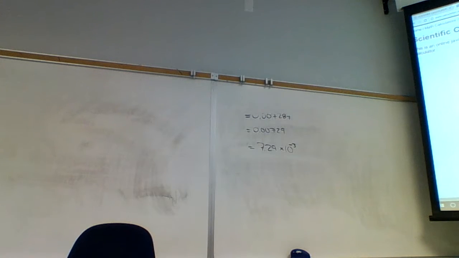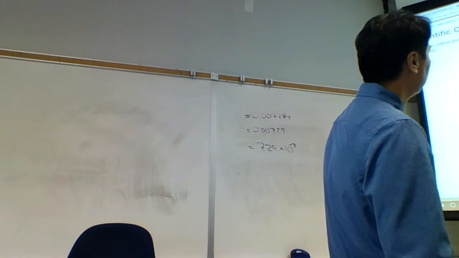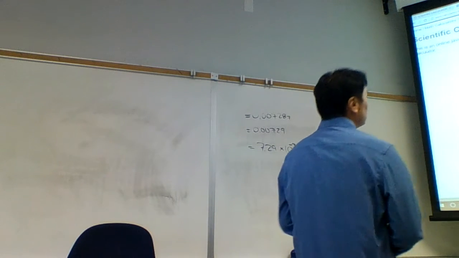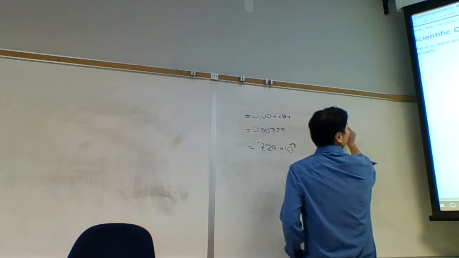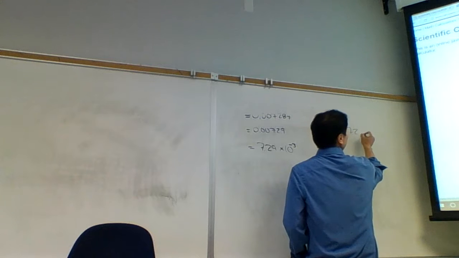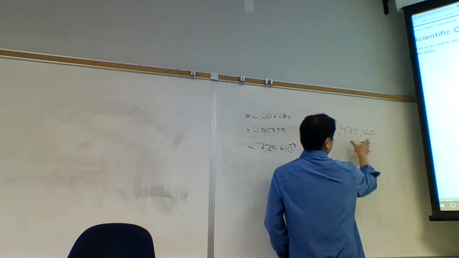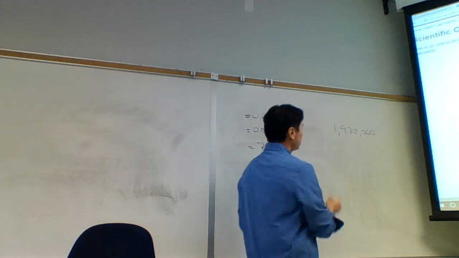So we actually got 1,972,360. Okay, so 1,972,360. So usually I just carry extra digits when I initially write the answer.